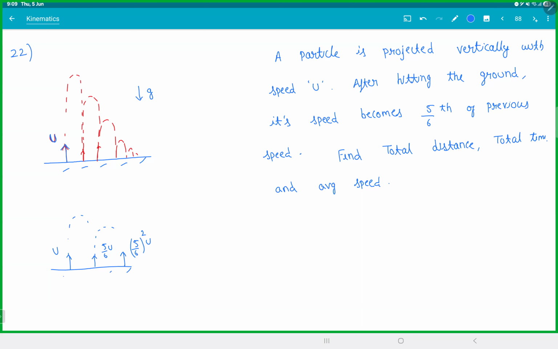No, that is wrong. Siddesh, you got it. Ishman, you goofed up somewhere. Arya, you also goofed up. Try. Others, get me the total distance, the total time, and the average speed. Average speed is what? Total distance by total time. So if you know the first two, you'll get the third one.